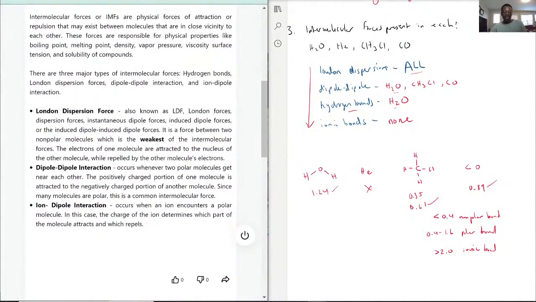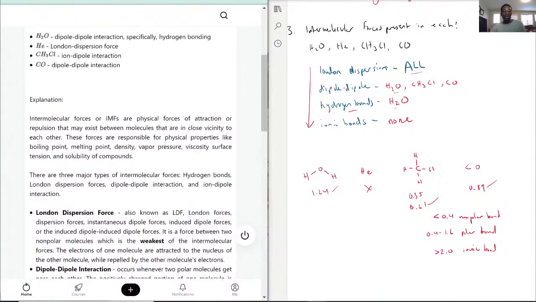So let me see here: ion-dipole occurs when an ion encounters a polar molecule. I do not see, in this case, that we're dealing with an ion-dipole interaction, because we don't have any metals.